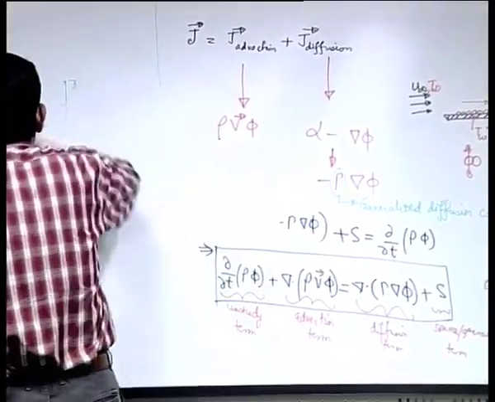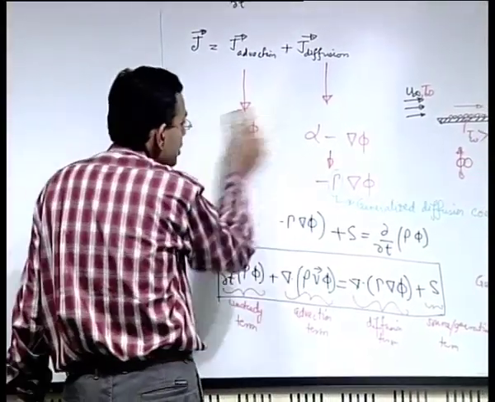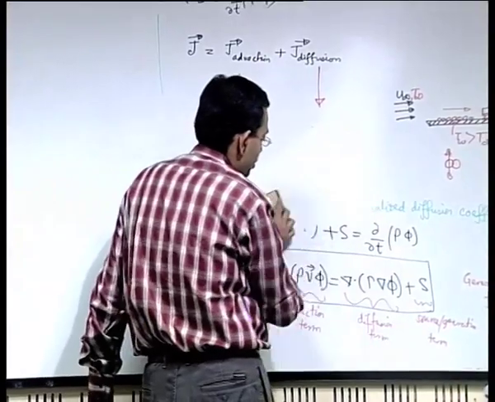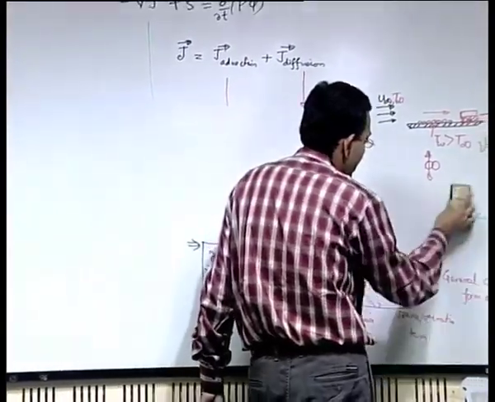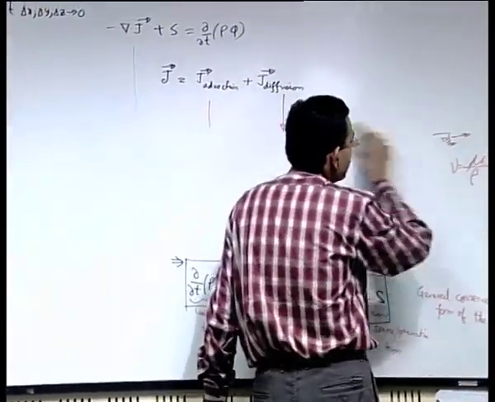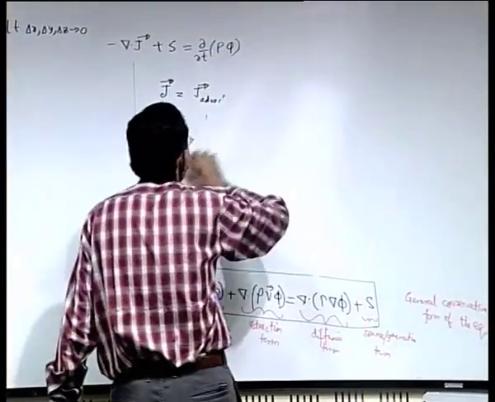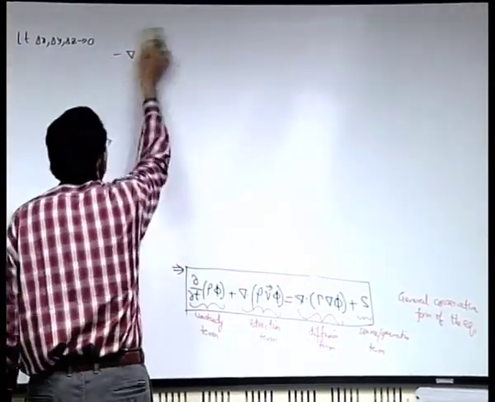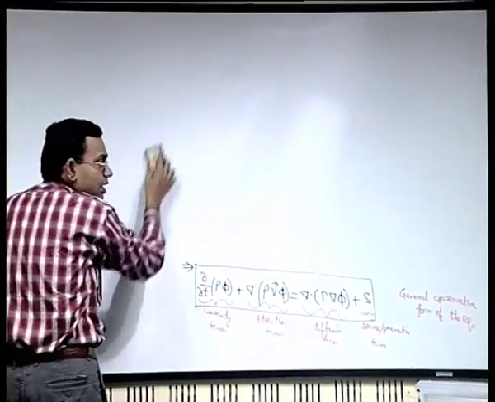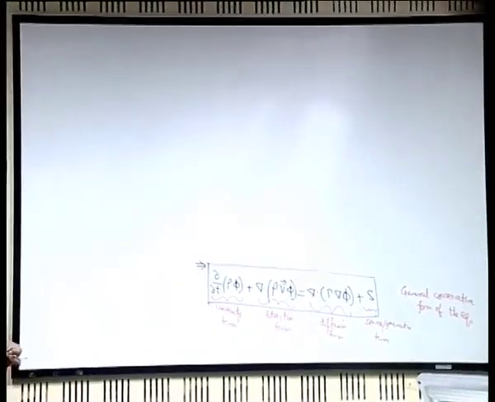So what we can see here is that in this equation there are certain things which are generic. We have not committed what is phi, we have not committed what is gamma, and we have not committed what is S. So depending on what we choose for phi, gamma and S, we can represent different equations.